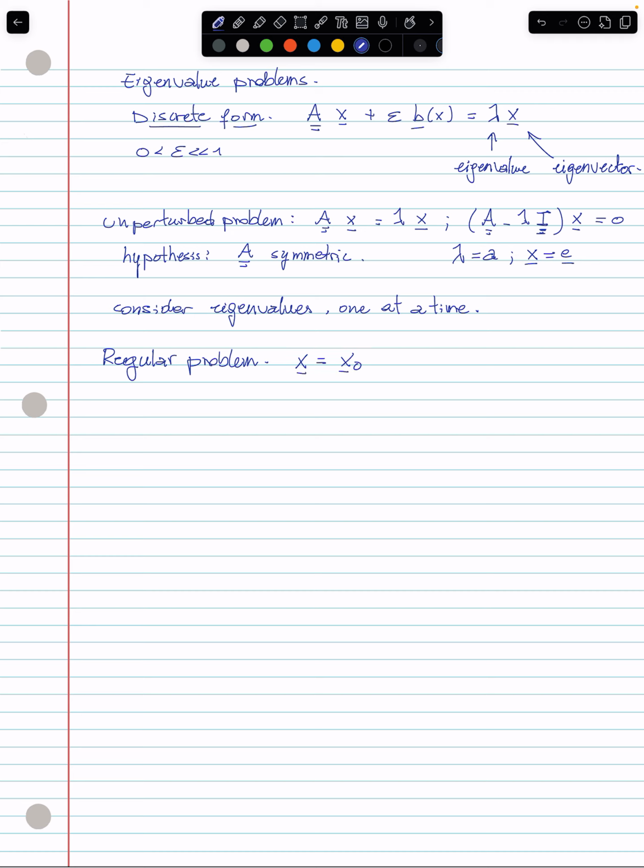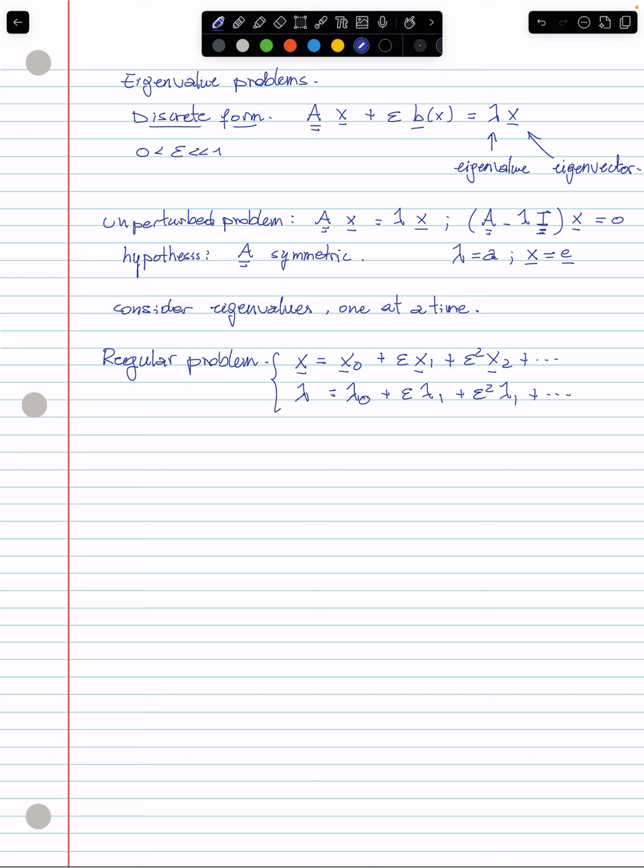And so it is quite natural here to seek the solution in terms of expansions: the eigenvector should be expanded like this, and the eigenvalue lambda can be expanded with another regular expansion. This is quite specific here, because over the course of what we studied together, this is the first time that we have two sequences, one for the eigenvector, one for the eigenvalue.